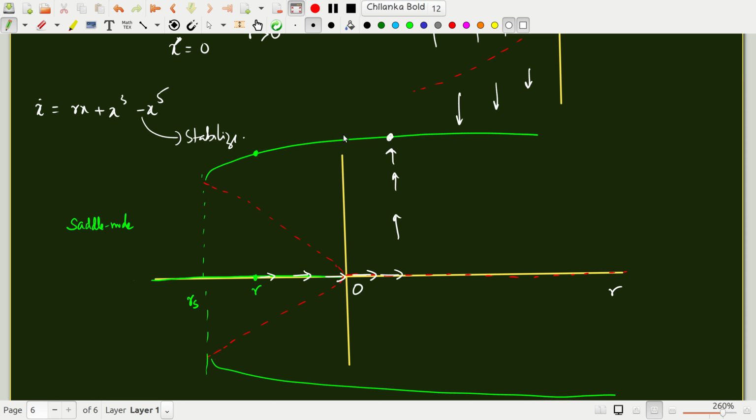Now imagine decreasing r very carefully. Now you will come all the way here, and then only you will jump to the x equal to 0 solution. That means that for a range of r between rs and 0, essentially, there is a possibility of two stable solutions. So if I change r, while increasing you may see this, while decreasing you may see this path. This is called hysteresis.